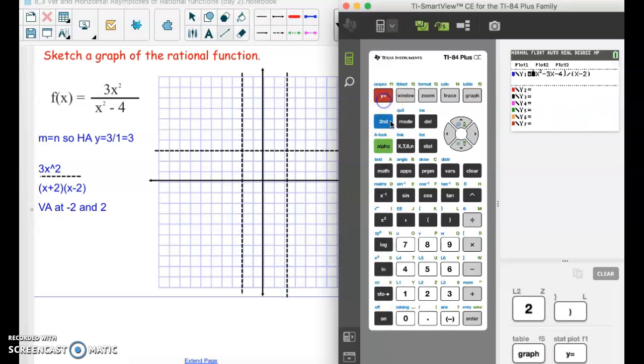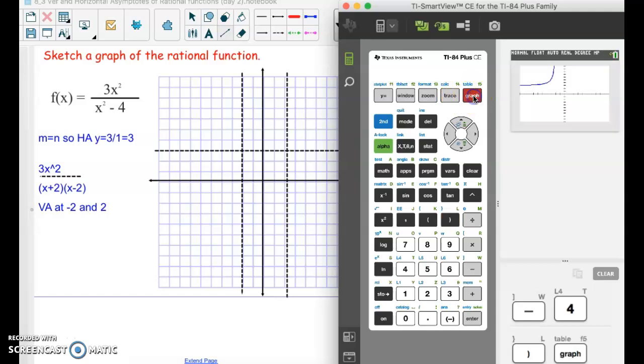All right, if we type it into our y equals, again, I'm going to use parentheses just to be very careful. And I also want to use the very first problem that was given, just in case I factored wrong. That way I can check my work and see if the graph matches what I think it should match. And there it is. Look at that, pretty cool.